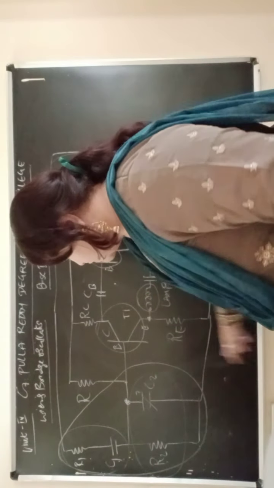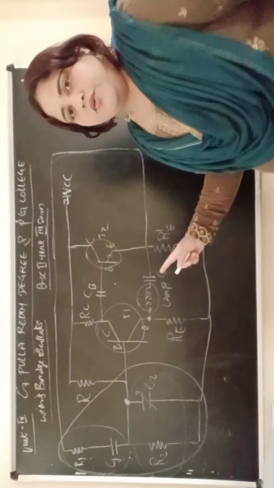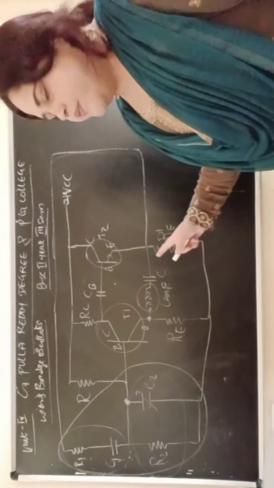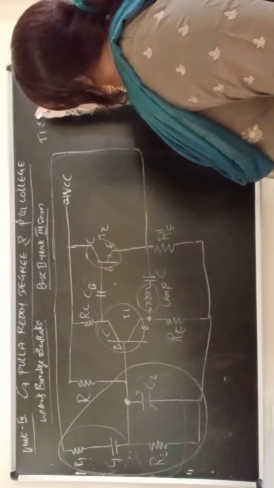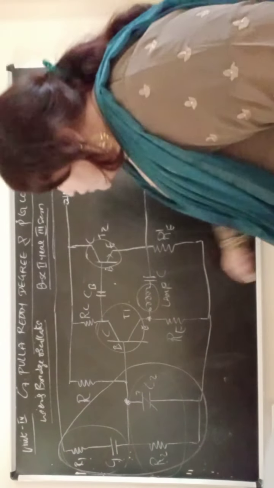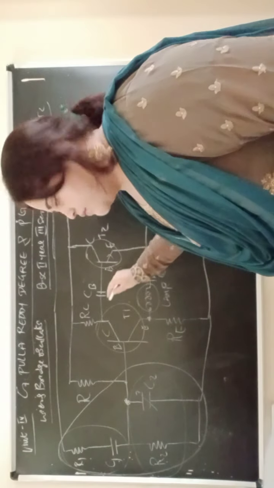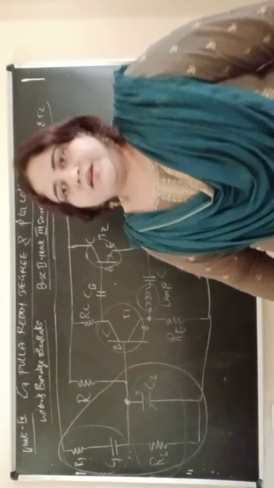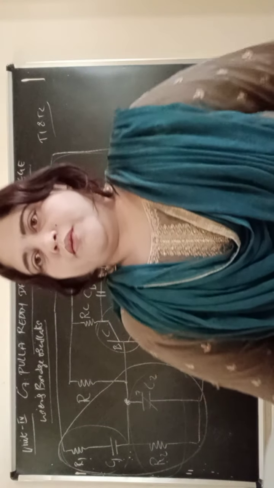Now we will go for the circuit description. In the circuit description, it consists of two transistors, T1 and T2. Clear? Now the output of T1 is going as an input to T2.